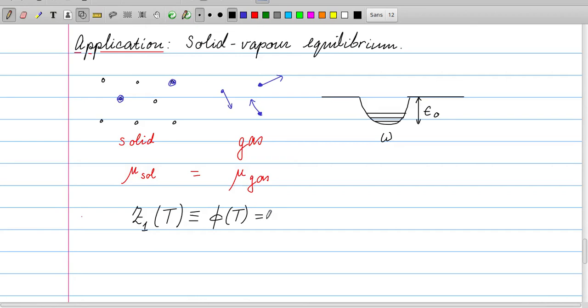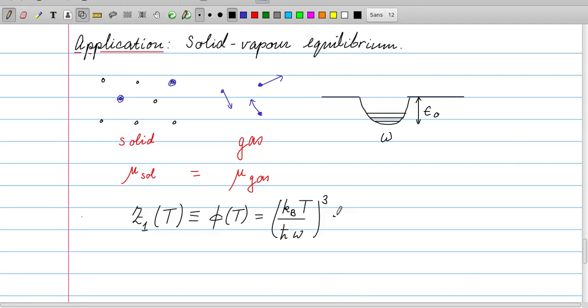And we know for a fact, because we have already analyzed the quantum harmonic oscillator, that this is given by (k_B T over h bar omega) to the power 3, because we have three dimensions. And then we have an additional factor, because the bottom of the potential well is not 0, but it's minus epsilon 0.